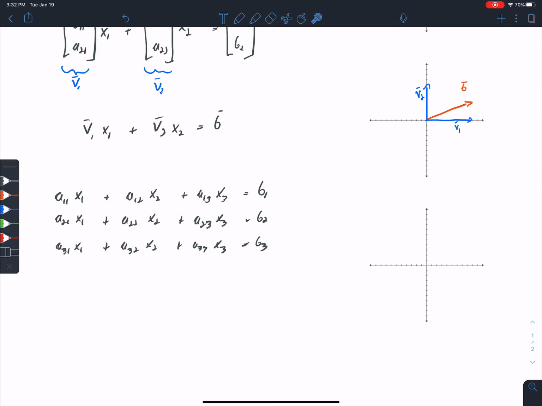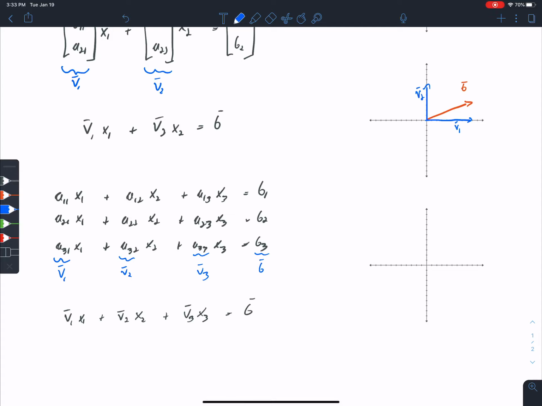So I'm going to do the same substitution that I did above. We call this v1, this is v2, and this is v3. This is our old vector b. So I can write this specific linear combination as v1 x1 plus v2 x2 plus v3 x3 equals the vector b.